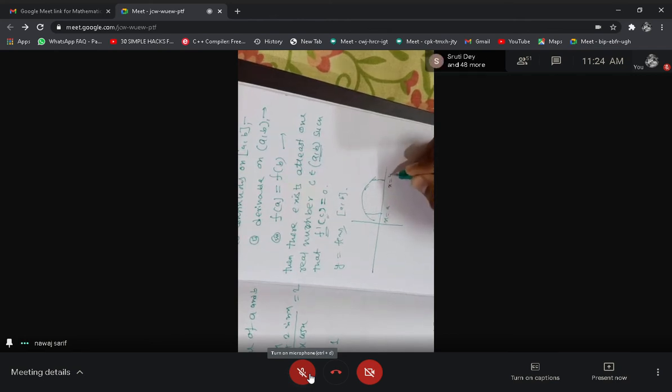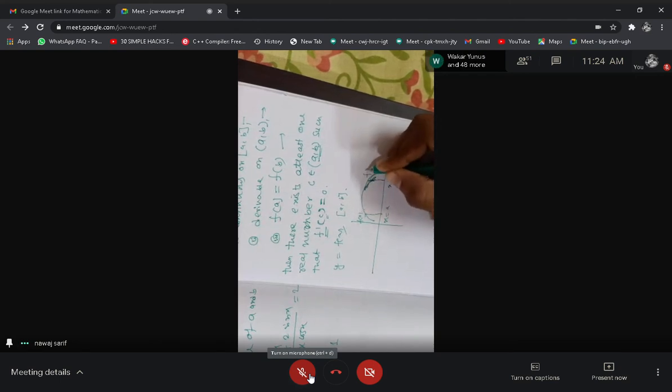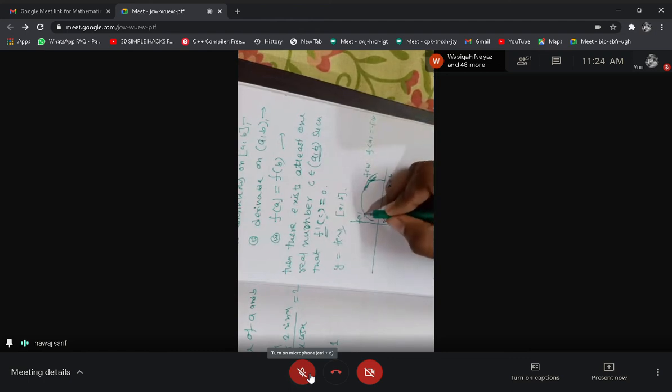The assumption of this theorem says that this is f of a, and this height should be the same, this is f of b. This tells that f of a equals f of b. The value of the function at a and at b are both the same.